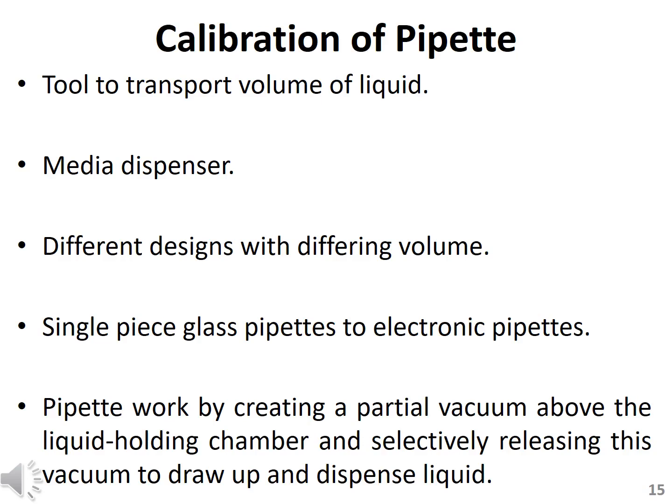These micropipettes work by creating a partial vacuum above the liquid holding chamber and selectively releasing this volume to draw up and dispense the solution that we are using in that pipette.